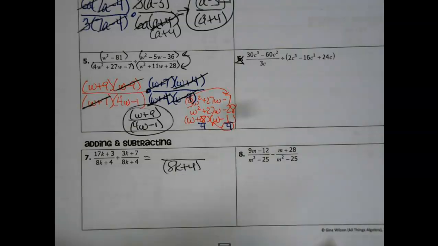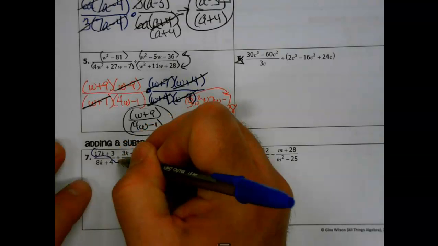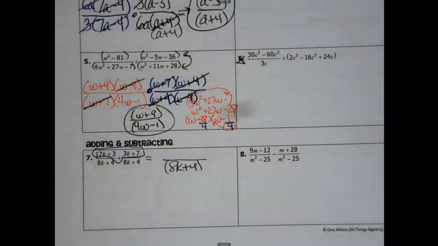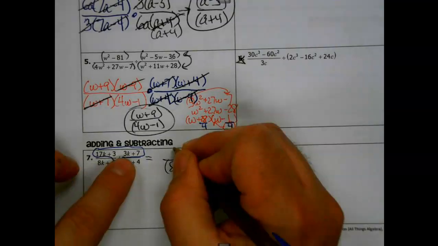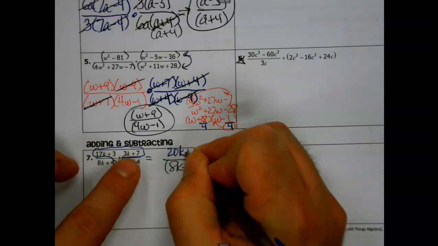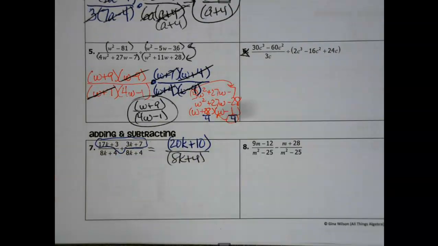Which then means all I'm looking to do here is add up my like terms in the numerator. So 20k plus 10. Now, take a look at both the numerator and the denominator. Can you factor anything out in either?